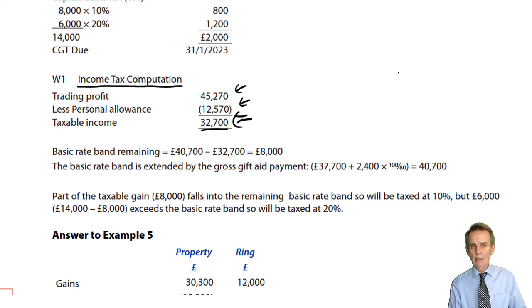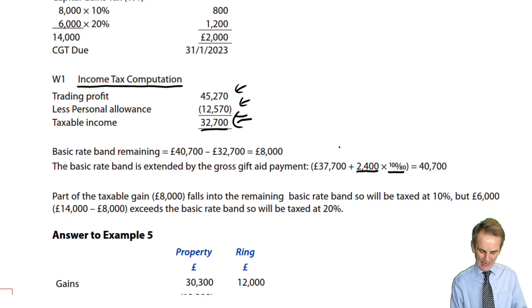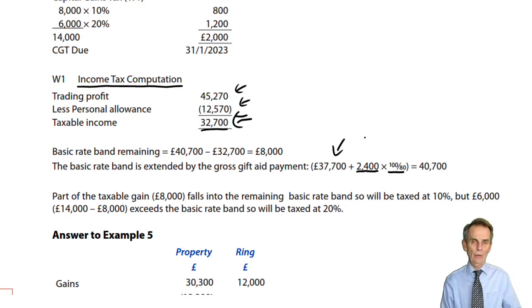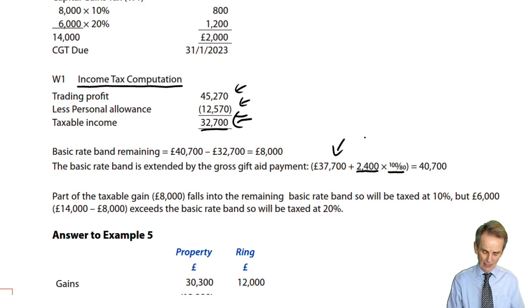Now, ordinarily, you'd have just compared that with a basic rate band limit of 37,700 minus 32,700, and that therefore would have been some £5,000 worth of basic rate band that remained. But there was a different component in here, as we said, and that was the gift aid payment. And what happens is that the gross amount of the gift aid payment, what was actually paid times 100 over 80, extends that ordinary basic rate band limit of 37,700.